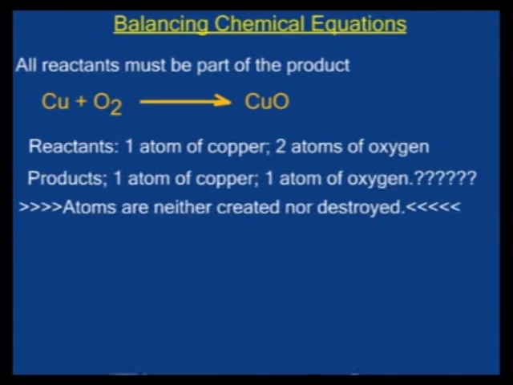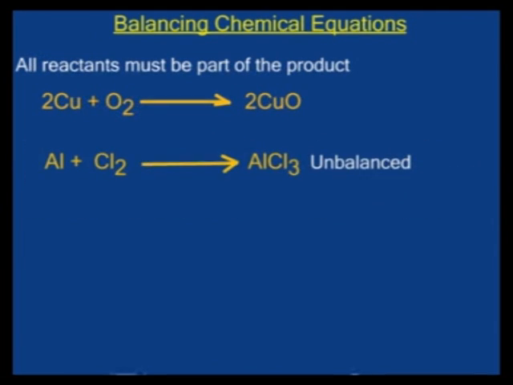Now, in the above case, we shall multiply copper by 2, and then the product copper 2 oxide shall also be multiplied by 2. Now, this equation is therefore balanced in this case. Consider aluminium and chlorine to form aluminium chloride. This equation is unbalanced. If I multiply aluminium by 2, I multiply chlorine by 3, and aluminium chloride by 2, the equation becomes balanced.